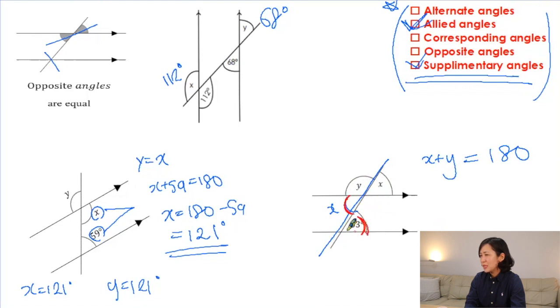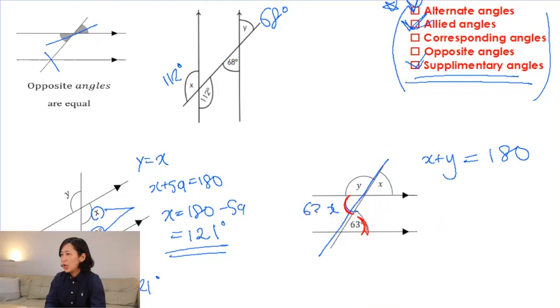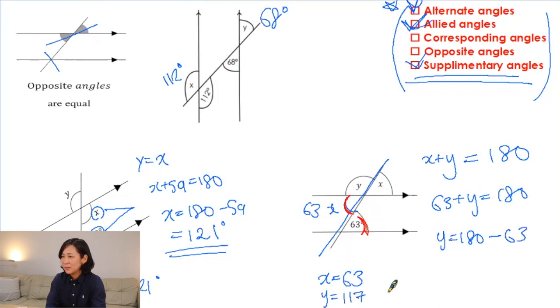We can see that x is exactly 63 because they are alternate angles. So since we know x is 63, then y is 180 take away 63. That gives you 117.